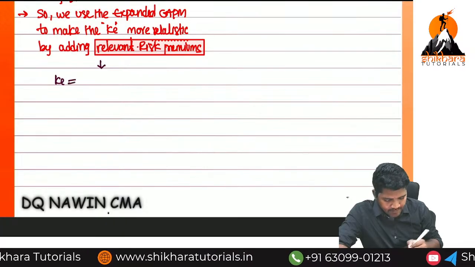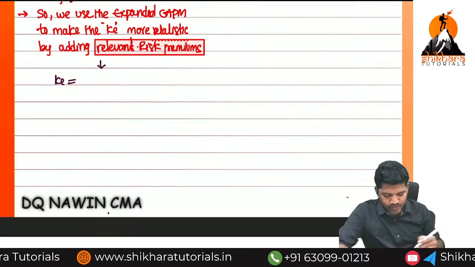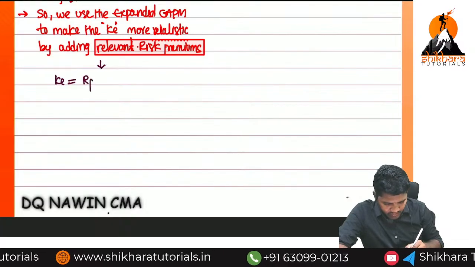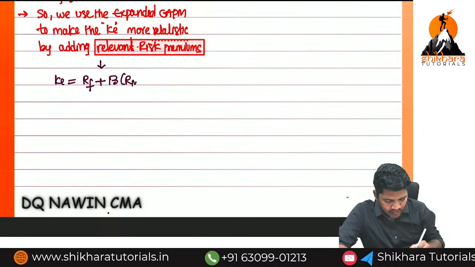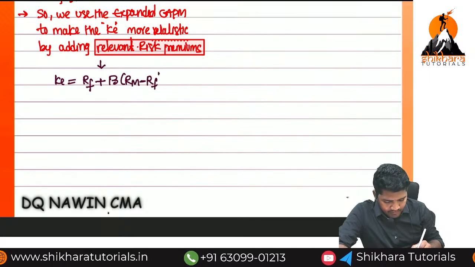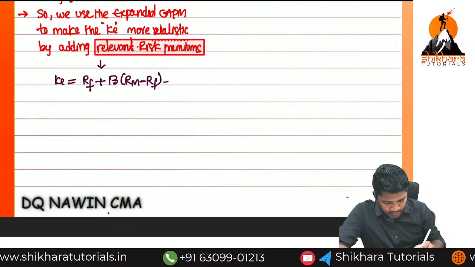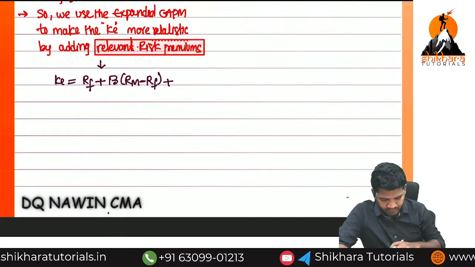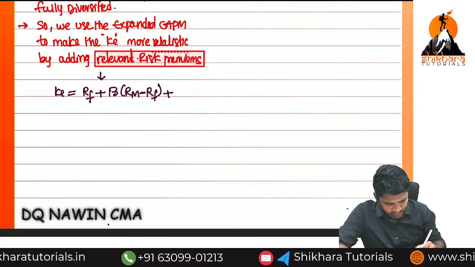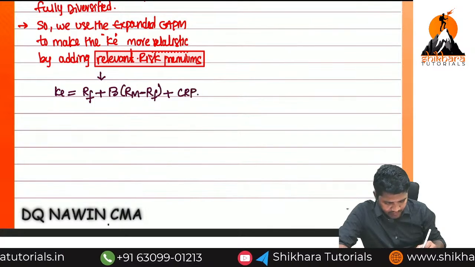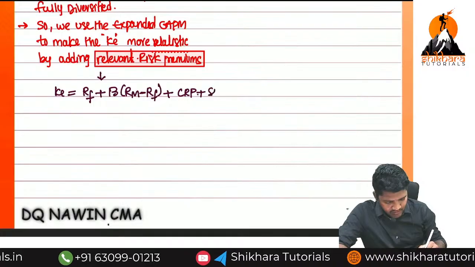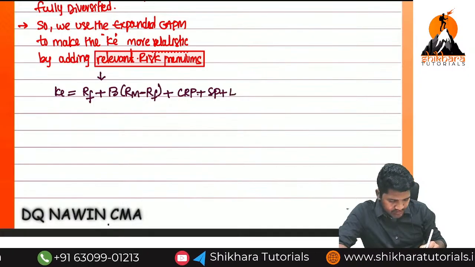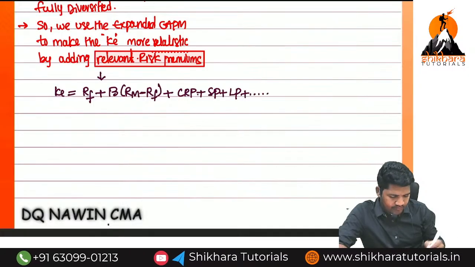Now under expanded CAPM, KE equals RF plus beta into RM minus RF, plus CRP plus SP plus LP, and so on.